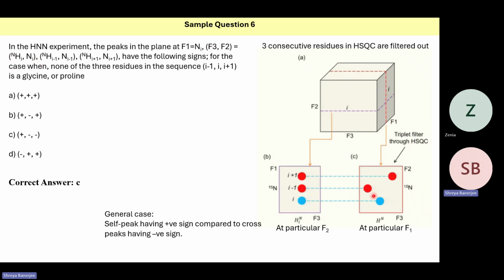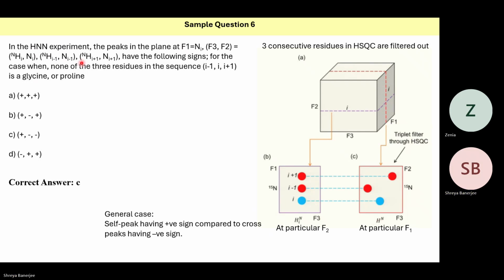You can see the three cross peaks in this plane are between the amide hydrogen of I and that amide nitrogen itself, that is this one, then amide hydrogen of I minus 1 and amide nitrogen of I minus 1, and similarly for the I plus 1. So these are the three cross peaks that are seen over here.